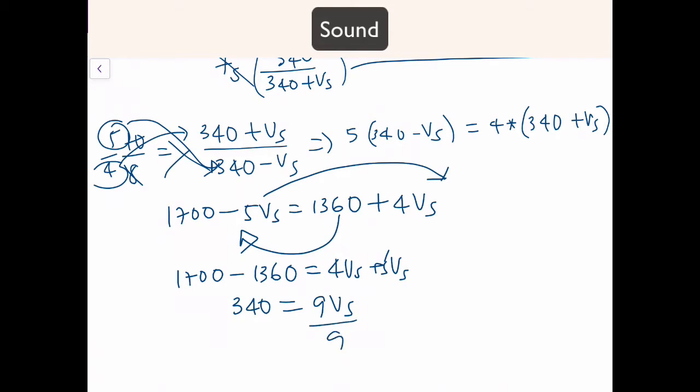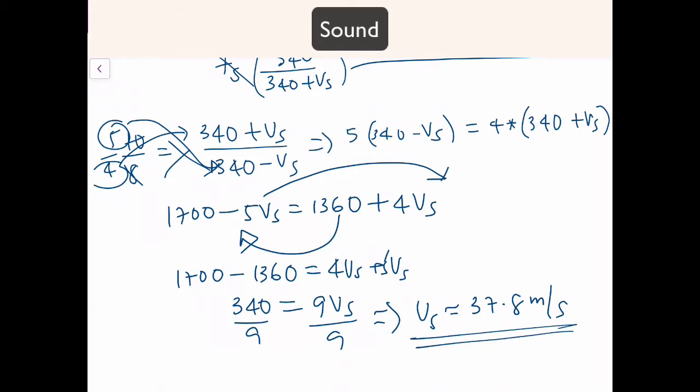So divide both sides by 9, then approximately the value of vs will be 37.8 meters per second.